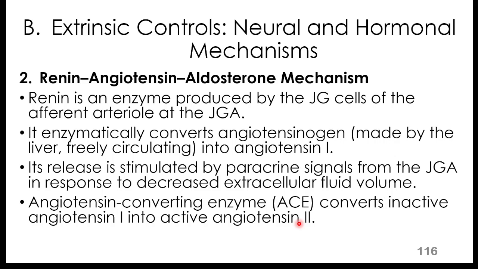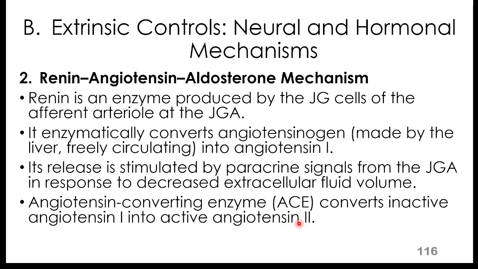Now let's talk about the renin-angiotensin-aldosterone mechanism, which is the prime example of the hormonal mechanisms of control of renal blood flow. Now, renin, as we said earlier, is produced by the juxtaglomerular cells of the afferent arteriole of the juxtaglomerular apparatus. It converts angiotensinogen, which is a pre-pro hormone, into angiotensin 1.